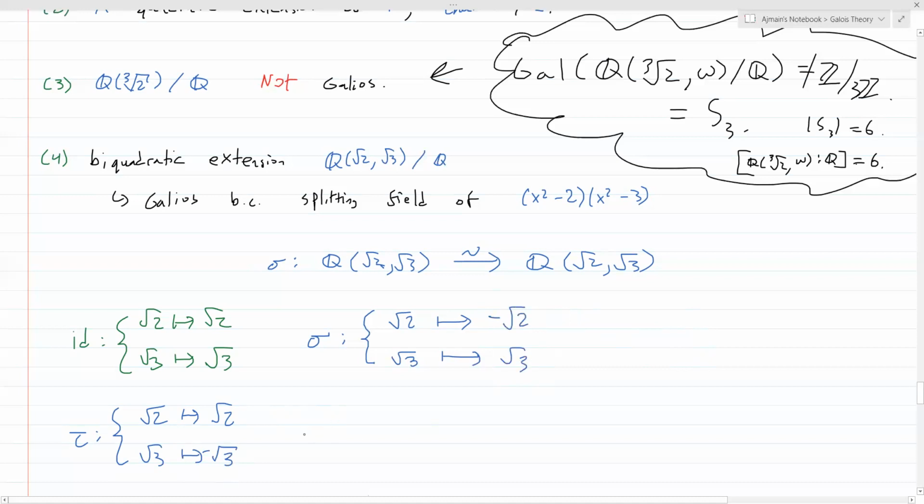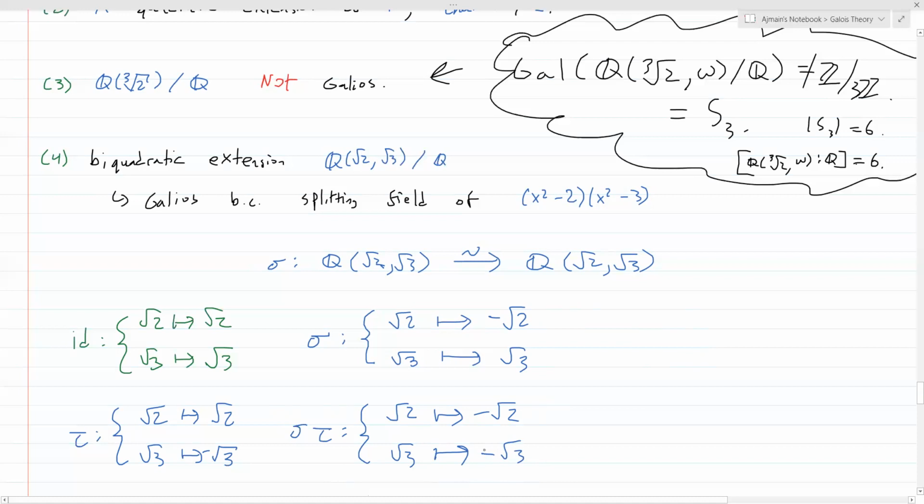If you compose sigma with tau, you get the final choice. First you apply tau, which sends square root of 3 to minus square root of 3, and then you apply sigma, which sends square root of 2 to minus square root of 2.